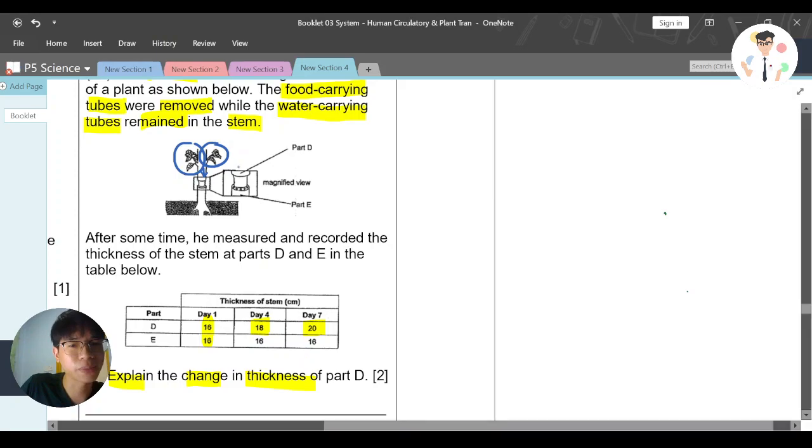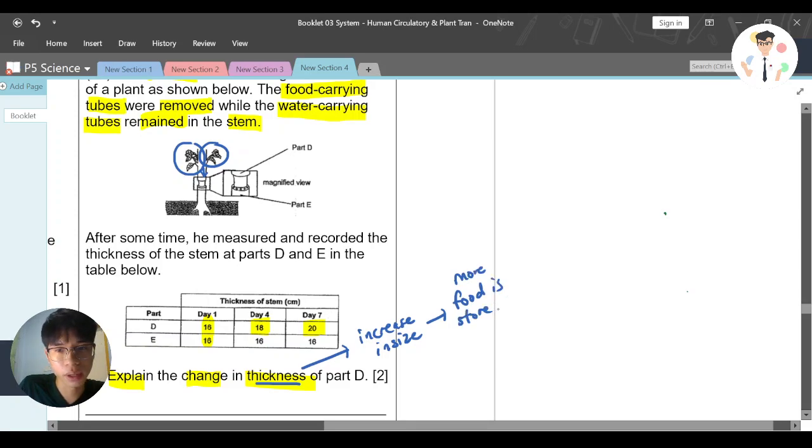Why does it become thicker in part D? We can think backwards. It became thicker, it increased in size. Why did it increase in size? Because more food is being stored there. Why is more food being stored there?